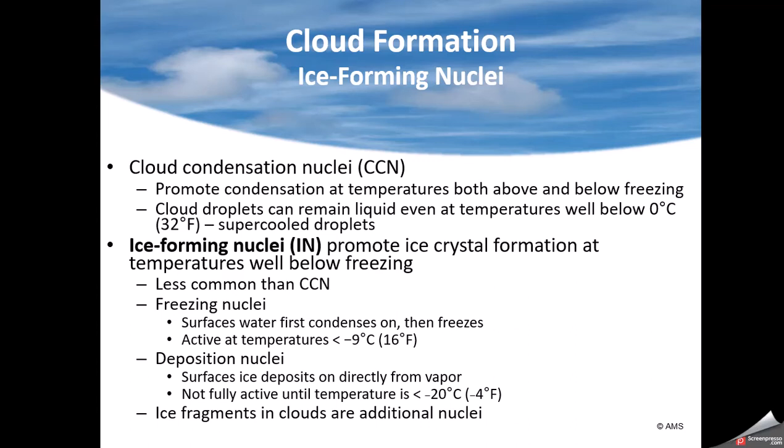So you don't have ice in a cloud very likely until you get a temperature in that cloud of at least minus 9. Now, in the wintertime, that could be pretty low to the ground. But in the summertime, that's getting up there in the clouds. And for the other one, you don't actually go directly to ice unless the temperature is less than minus 20 degrees. So again, it is very difficult to get ice in a cloud. But once it starts, it's a key thing to have ice because that's what's going to cause your precipitation.